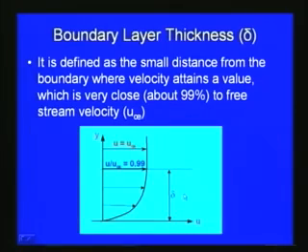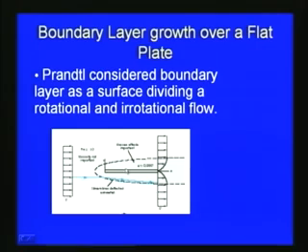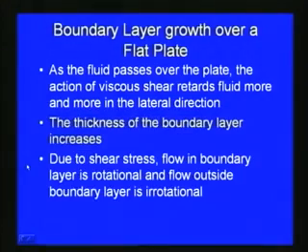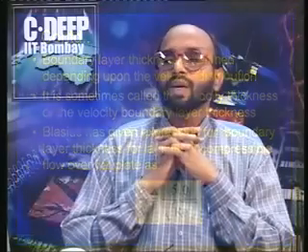So, here, for flow over a flat plate, if x is the distance at which we consider, and the flow is laminar, Blasius showed that delta by x is equal to 5 by square root of Rex, where delta is the boundary layer thickness, x is the distance from the beginning of the plate, and Rex is the Reynolds number at that particular location where we consider that section or find the boundary layer thickness.